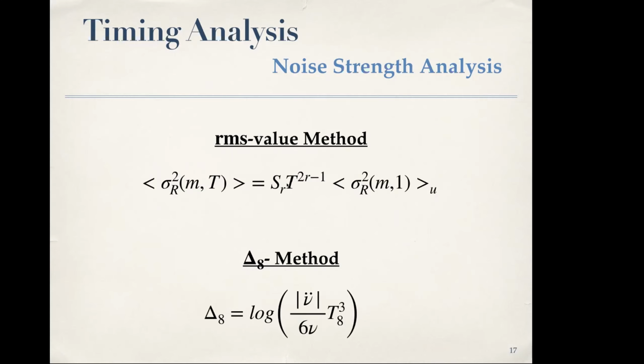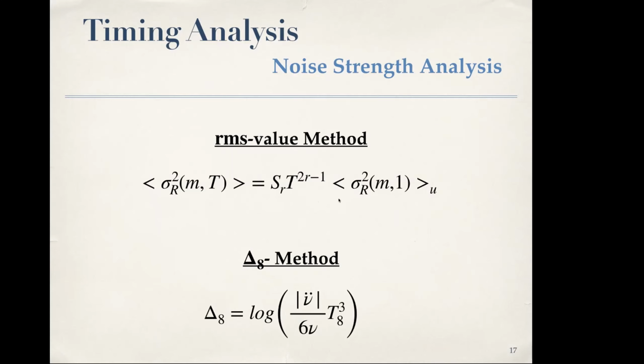Observed fluctuations in the residuals can then be interpreted as random walks in phase, frequency, or spin-down rate. Here, R is the order of the red noise. Sigma stands for the root mean square value of the residuals. S_R, as I mentioned, is the timing noise strength in the time scale T. And this parameter here is called the normalization factor of the timing noise in unit time scale.